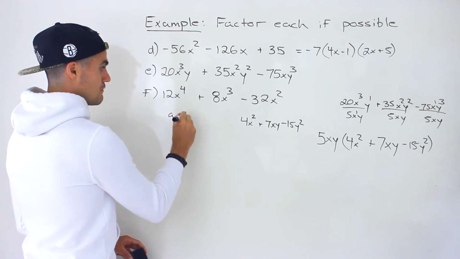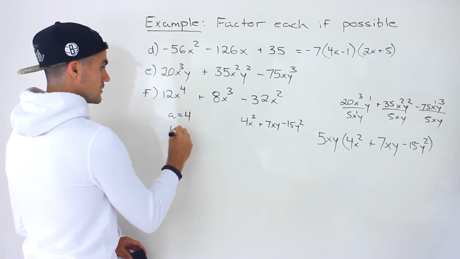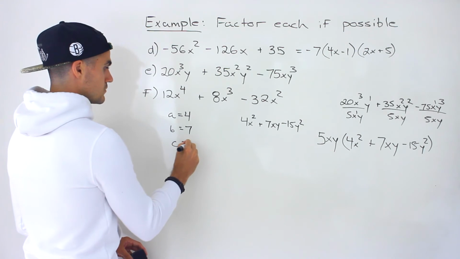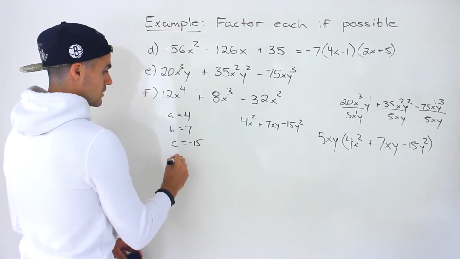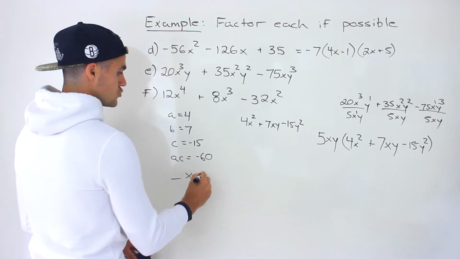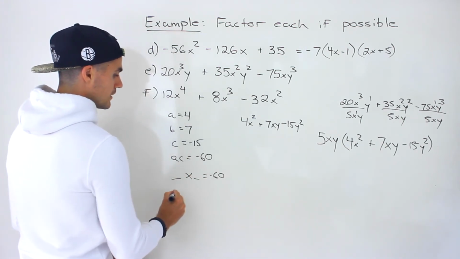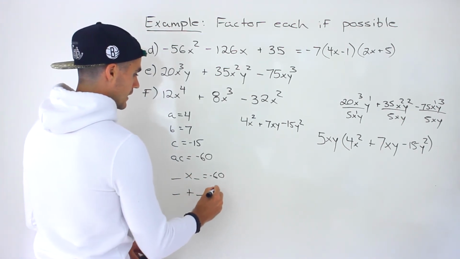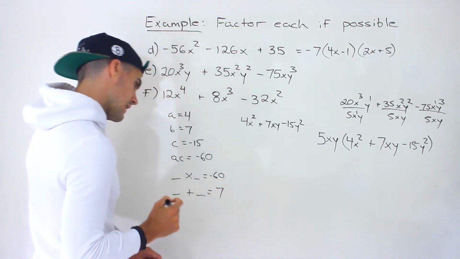So notice the a value would be 4, the b value is 7, the c value is -15. So the ac value would be -60. So are there two values that multiply to -60 and then add up to that b value of 7?